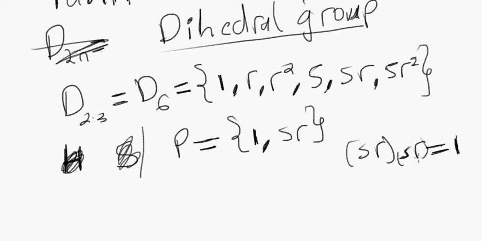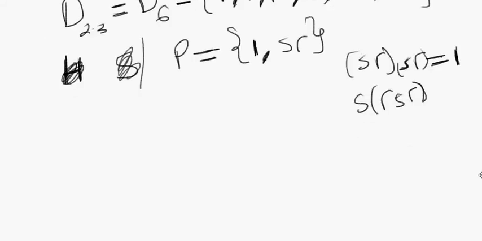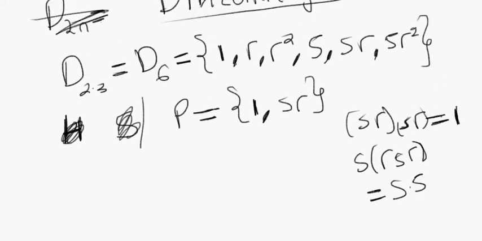You could check this out, and it comes from the idea that SR times SR is just the same as SR times RSR, but RSR in the dihedral group equals S, so this becomes S times S. And what's S times S? S squared, well, 2 flips is just the identity. So that's kind of how to think about it.